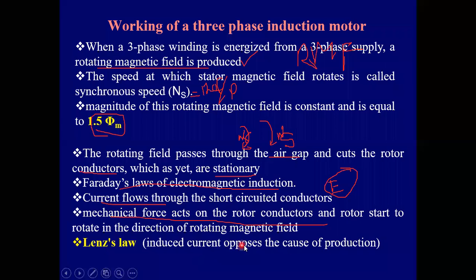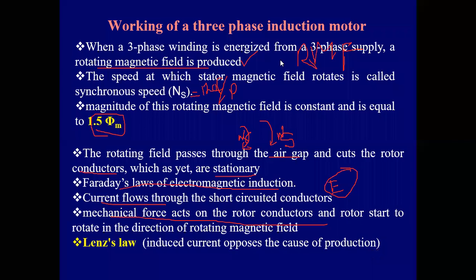The effect opposes the cause producing it. What is the effect? Current produced. What is the cause? That is the flux cutting action, or the relative speed. So the produced current or the motor rotation will try to reduce the cause, the relative speed. That is why it rotates in the same direction. Okay, so that is the case.